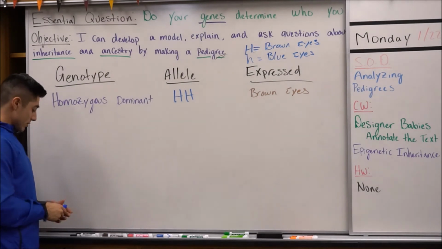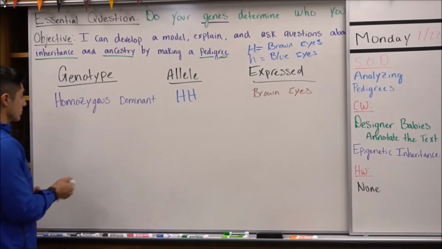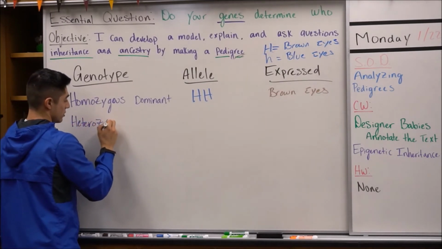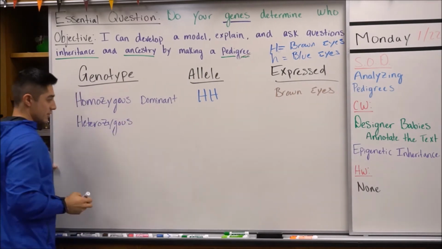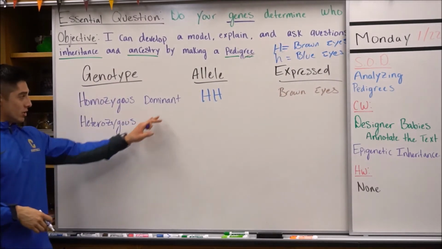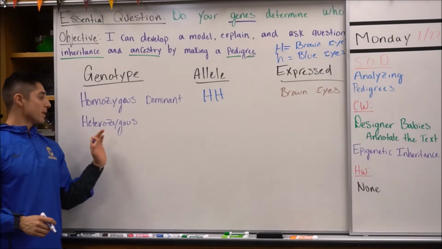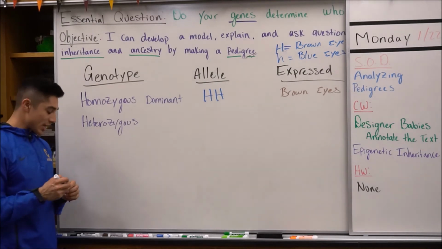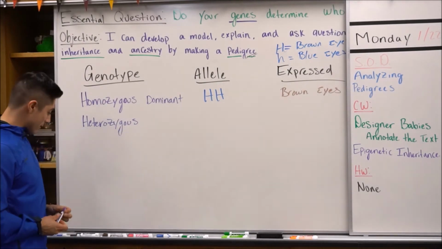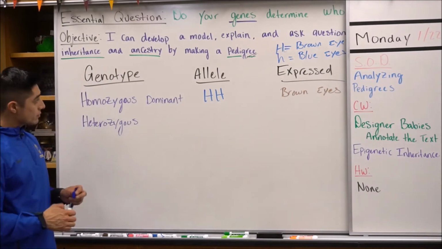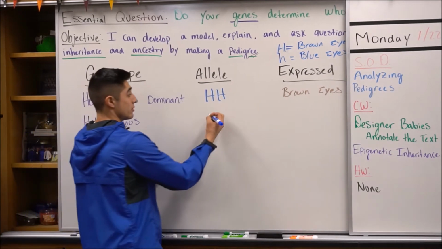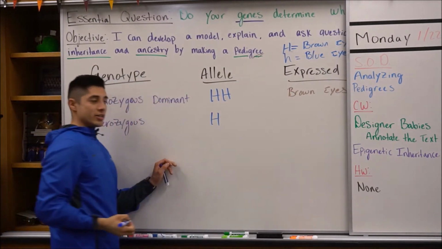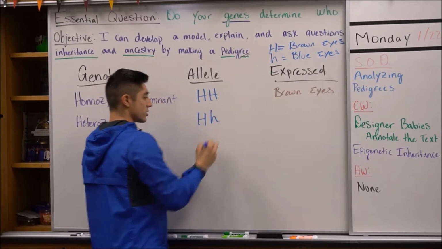Homozygous dominant. The next one will be heterozygous. Notice with heterozygous, we don't put dominant and we don't put recessive. Let's look at how the alleles look. Hetero means different, so you have a big H and a little h, just like that.